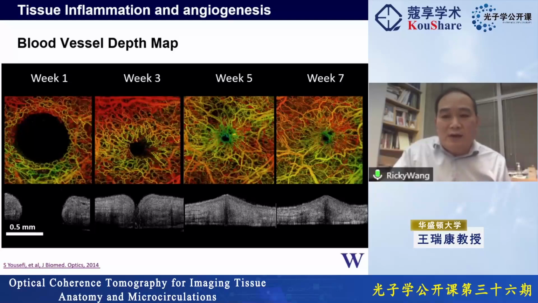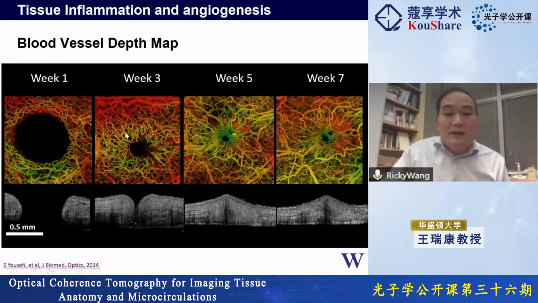The average size of the capillaries is about 7 to 8 microns, so using 5 microns imaging resolution, you can see the capillaries, okay? And you can see in detail how capillaries are involved in this wound healing model.